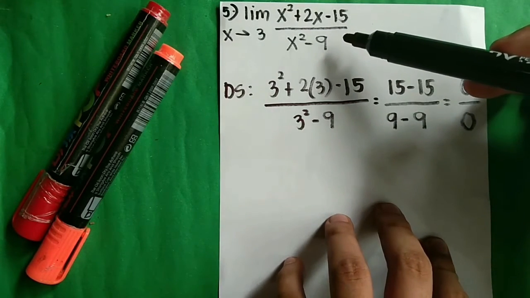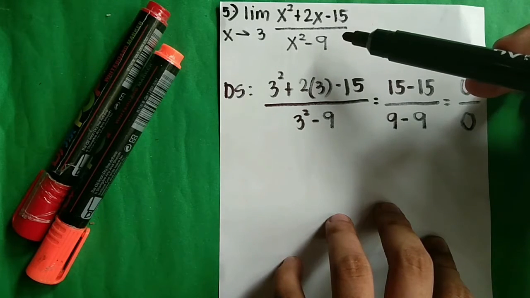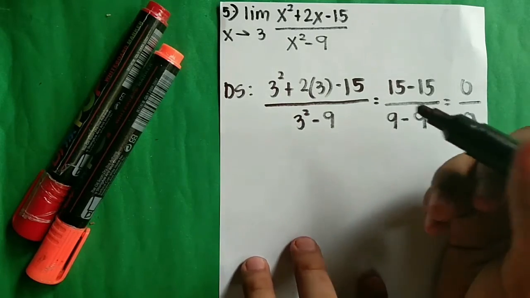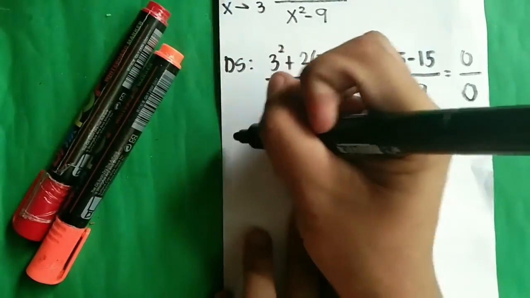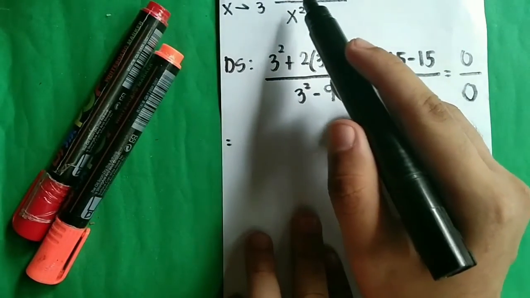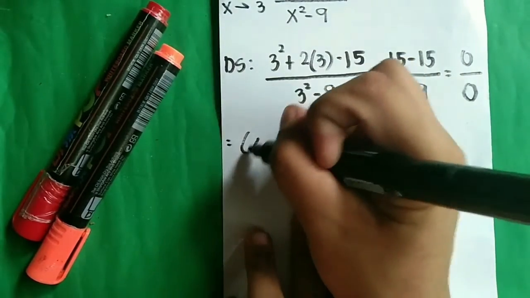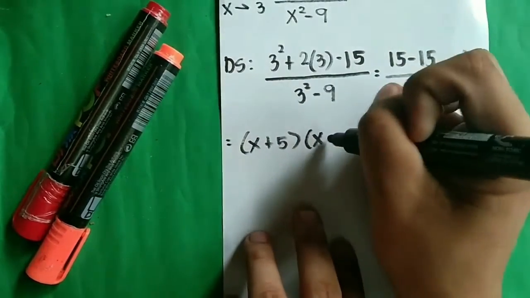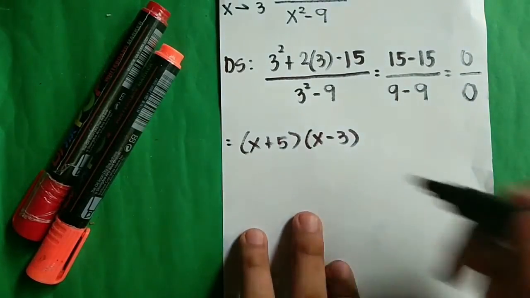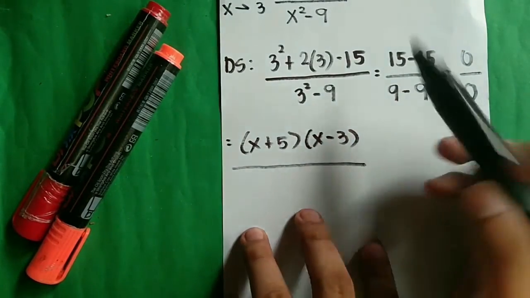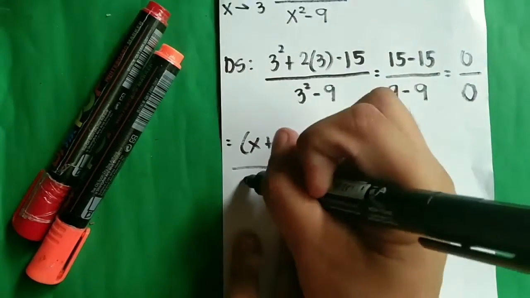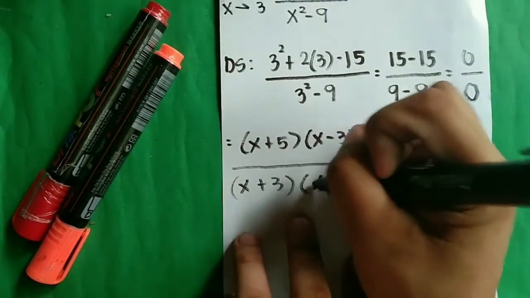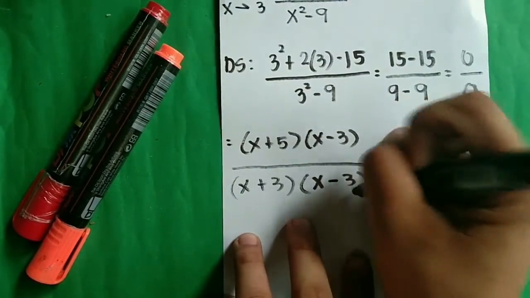As you can see, both the numerator and denominator can be factored. So, it will go like this. The factor of x squared plus 2x minus 15 is x plus 5 times x minus 3, all over the factor of x squared minus 9, which is x plus 3 times x minus 3.